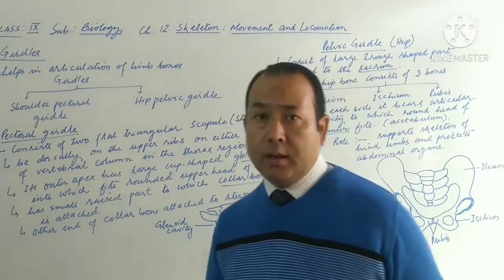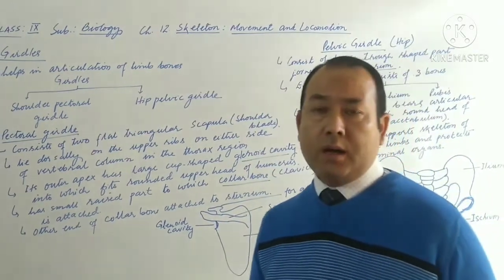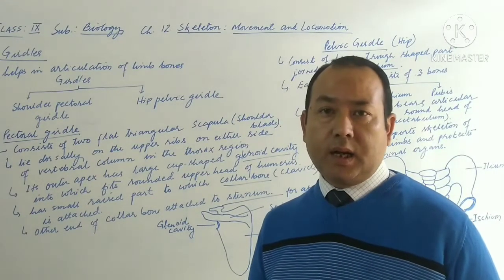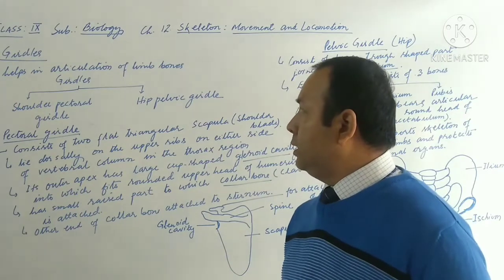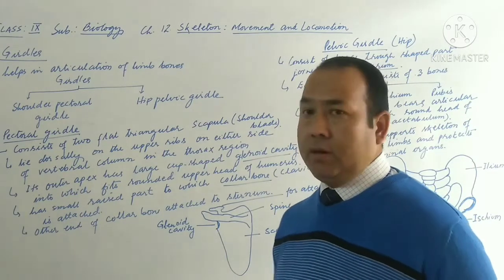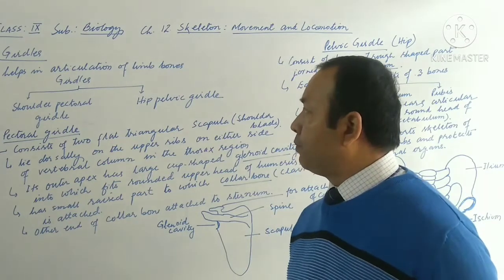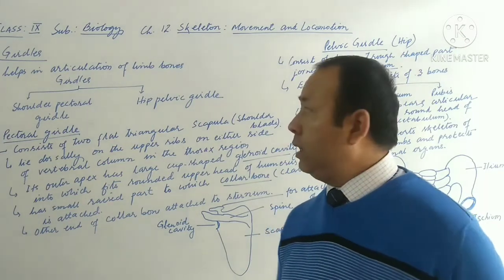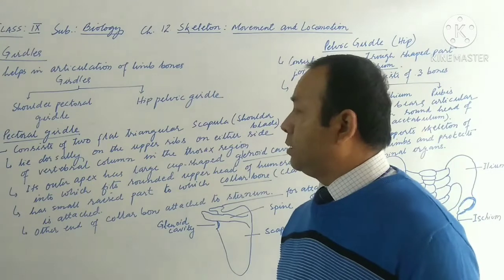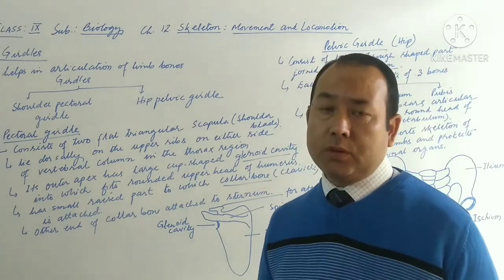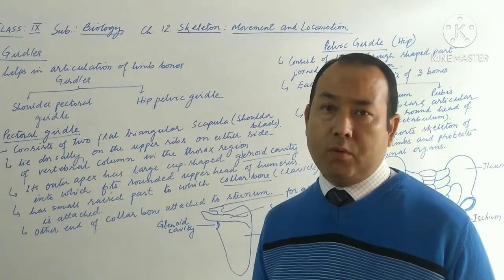Now today another type of appendicular skeleton bone we'll be learning, that is the girdle. Girdle means they are actually the bones of shoulder blade and hip region. So these girdles mainly help in the articulation of limb bones. Articulation means movement of limb bones.